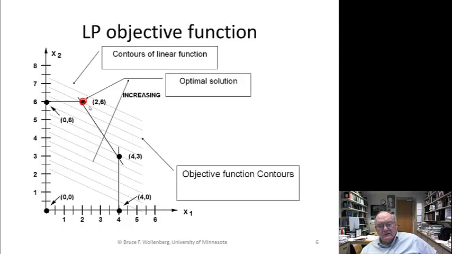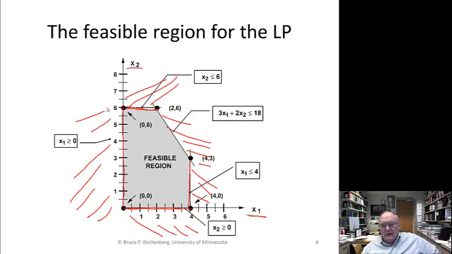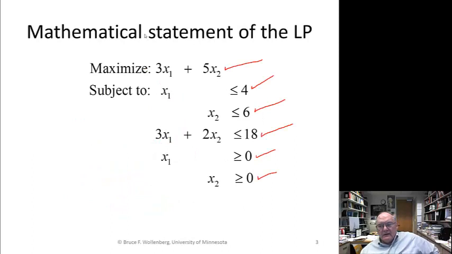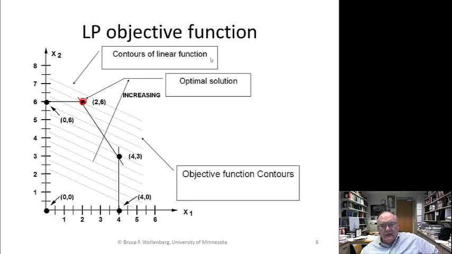Let's go back. There's our objective function. So 2 times 3 would be 6, 5 times 6 is 30, so it would be 36. And that's the maximum right there. Again, we're minimizing the negative of it, and it'll get to the same point.